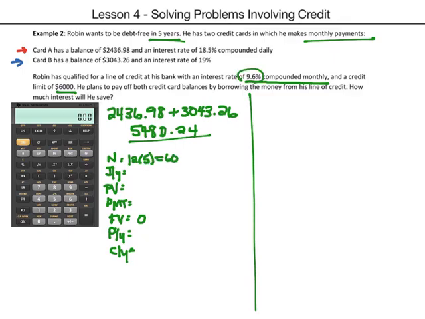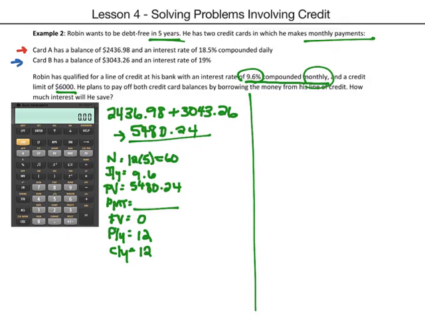His interest rate is 9.6. His present value is how much he owes. We do not know what his payment is going to be. This is what we're looking for. His payments per year are 12, and it's compounded monthly, so his compounds are 12. So we're going to type this into the calculator.